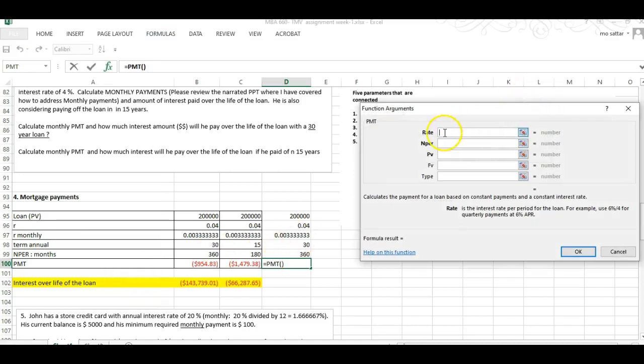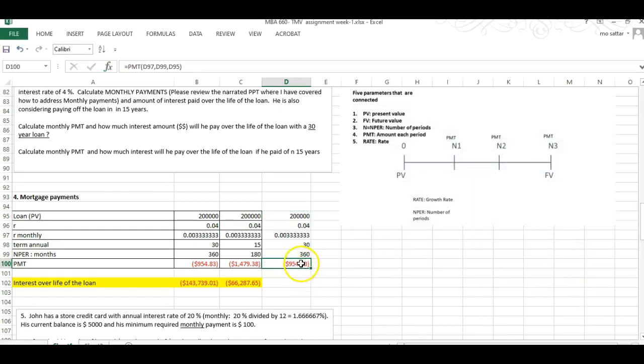Rate here, but this time remember, because it is a monthly payment, we add the monthly rate, which is this cell over here. Number of periods, again because it is monthly, we add this cell, which is 360 periods. Present value, we are borrowing $200,000. There is no future value because at the end of the mortgage term, everything is done. If I hit it, I'll get the answer of 954, which is the number you see over here.